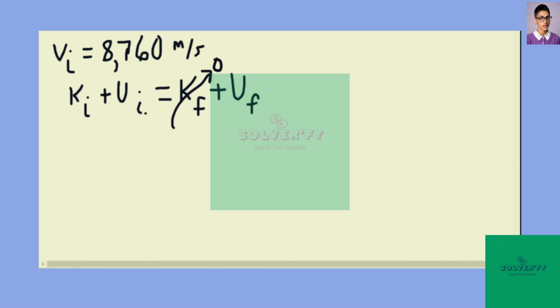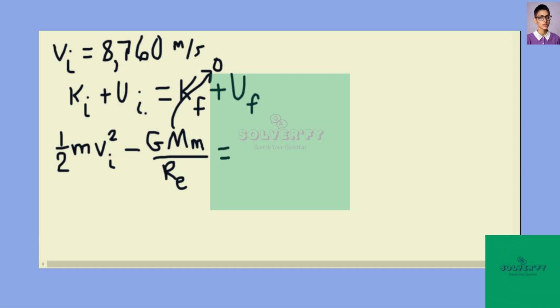Kinetic energy initial is 1/2 m v, which is v initial, minus G, mass of the Earth, mass of the vehicle, over our Earth.